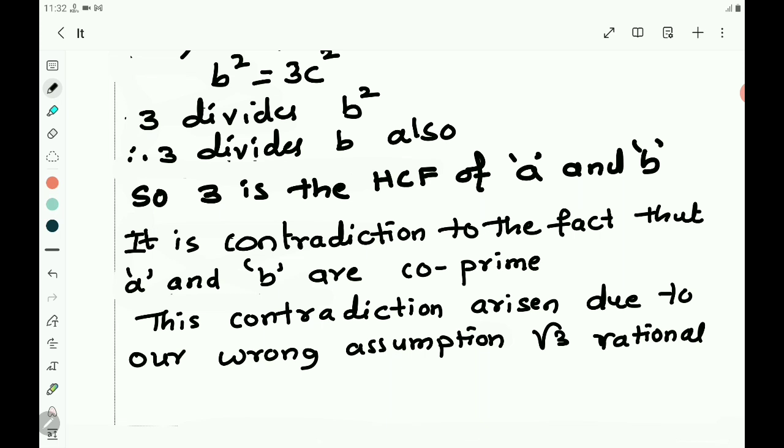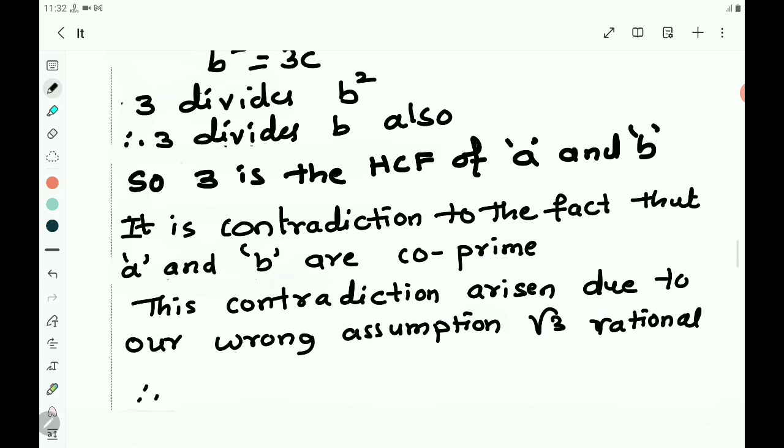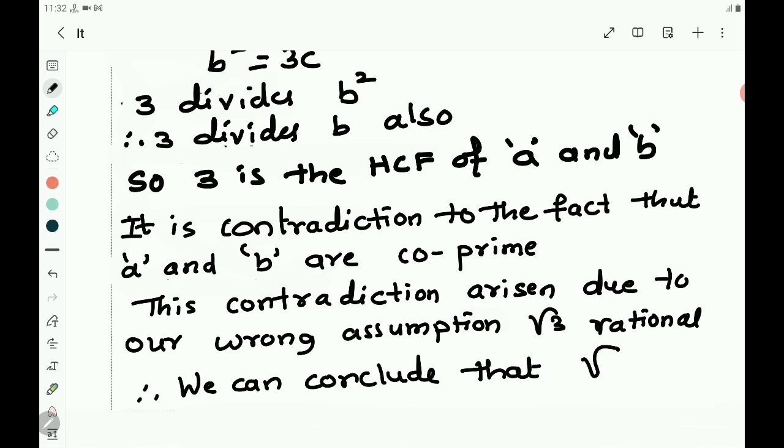Therefore we can conclude that root 3 is irrational.